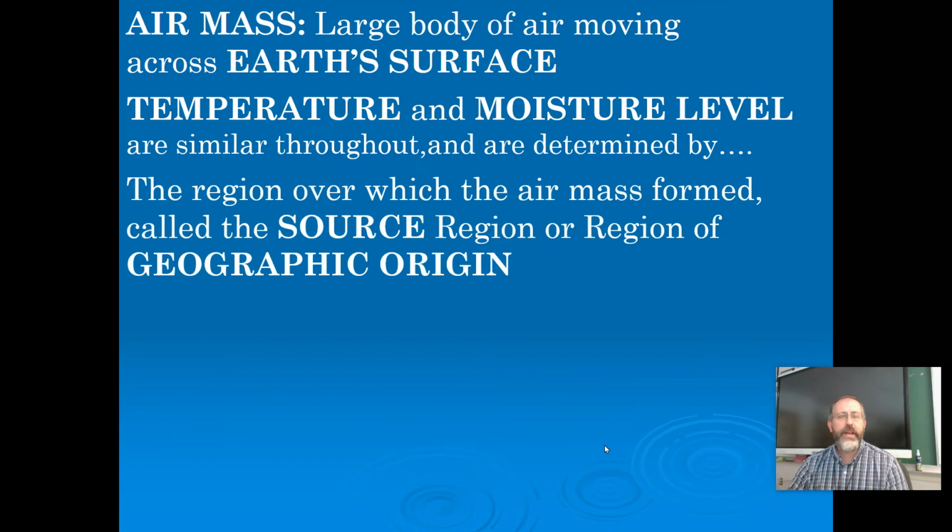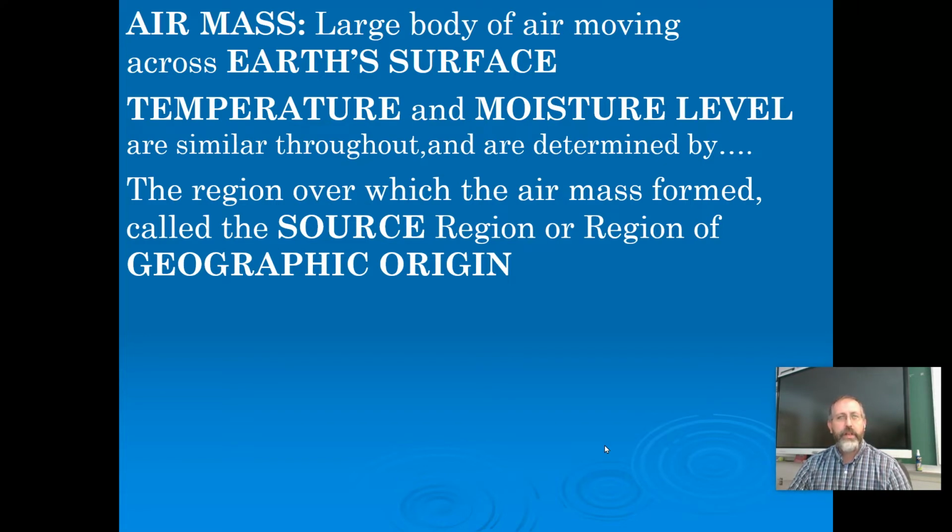If you have an air mass that sits around over cold land for a long time, nothing pushes it out, it just kind of sits there, it's going to pick up the characteristics of the land around it. So if it's over cold land, it's going to be cold air. If it's over the ocean, it's probably going to get wet because I don't know if you've noticed this, kids, but water is wet. So it's going to pick up the properties of the Earth's surface that are around it.